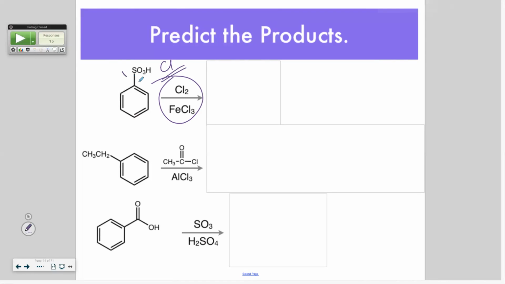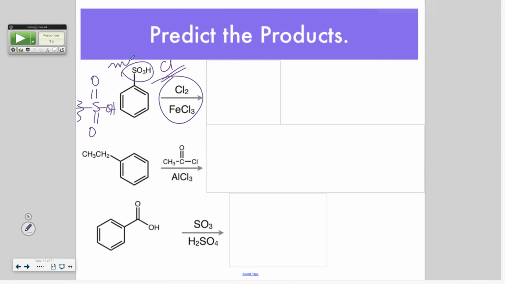What can you tell me about SO3H as far as its directing ability? What kind of director is that? What do you think? Well, what does it look like? It looks like this. Some of them you may have to draw out to look at them. That's where it's attached to the ring. So what kind of director do you think it is? It's a deactivating meta-director.